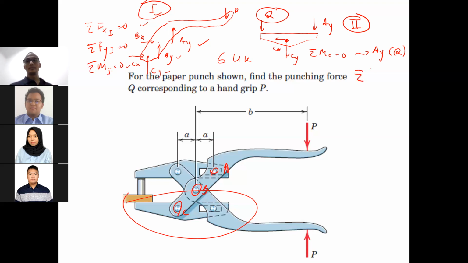Here it is the same: sigma Fx2 equal to 0, sigma Fy2 equal to 0, and sigma moment 2 equal to 0. So in total, how many equations do we have, Raditya? 6 equations.